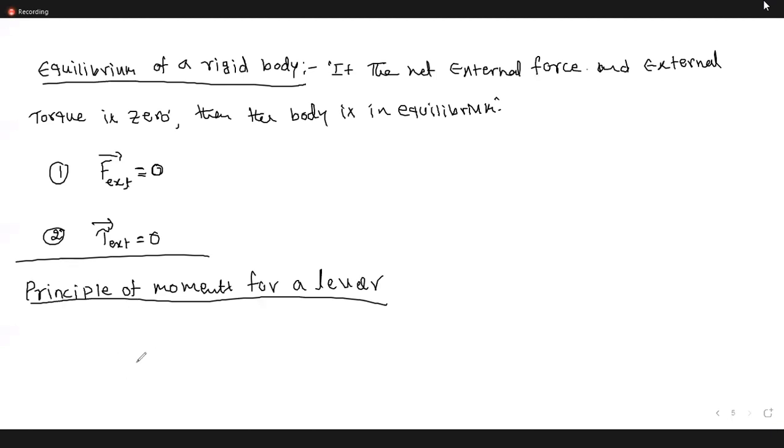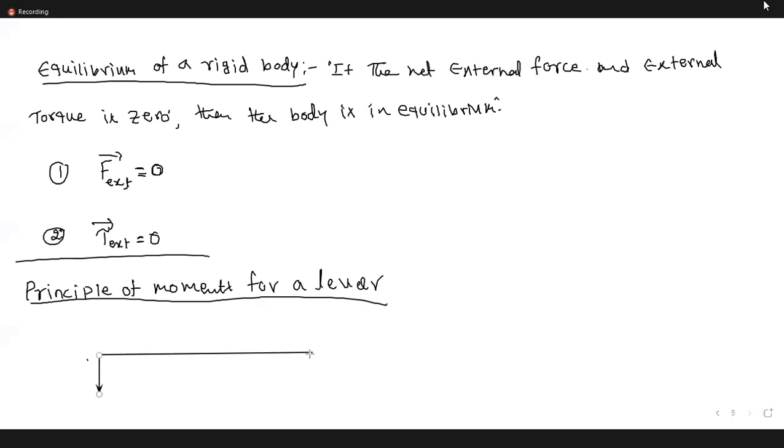So we'll consider that one, exactly at the midpoint.